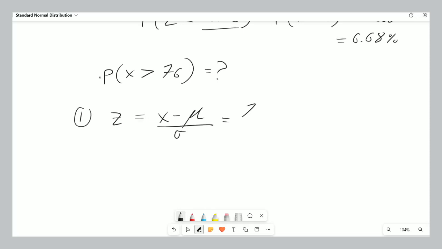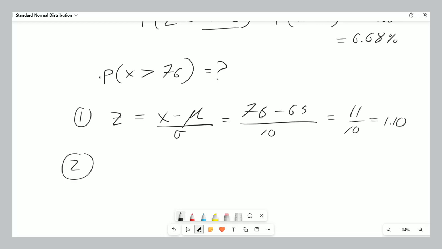So that's 76 minus 65 divided by 10. 76 minus 65 is 11, divided by 10. That gives us 1.10. So that's our z value.